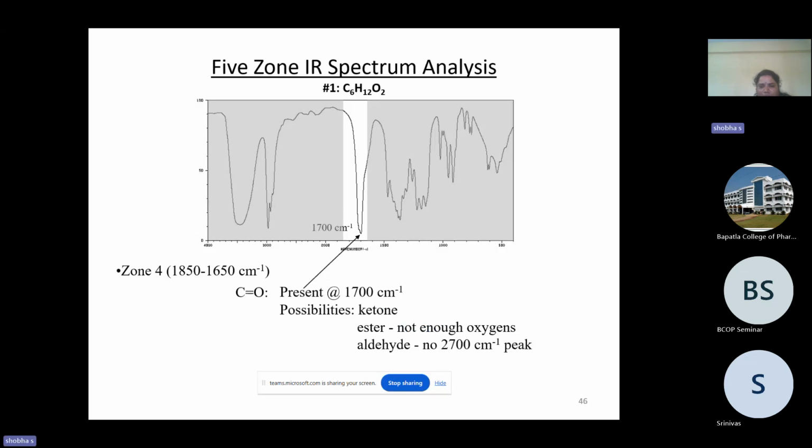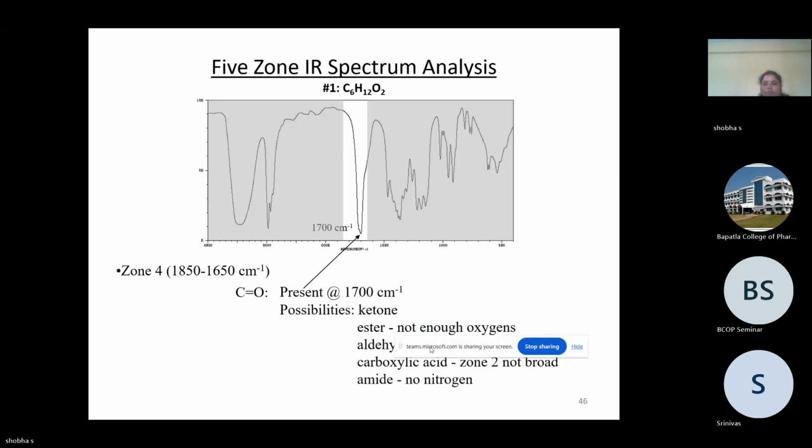Ester means not enough oxygens for C-O. There is no aldehyde peak and also no carboxyl group. And for amide, we do not have any nitrogen in the molecular formula. We only have C6, H12 as well as O2.